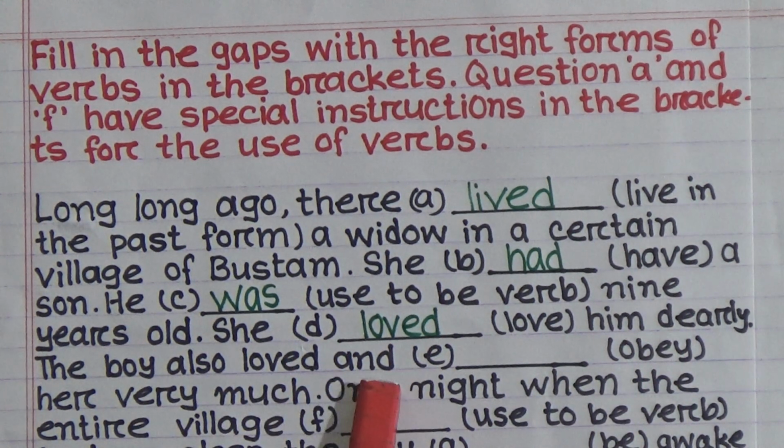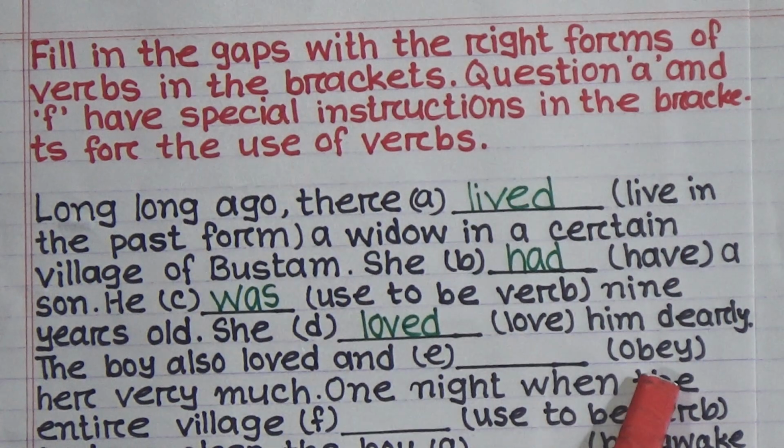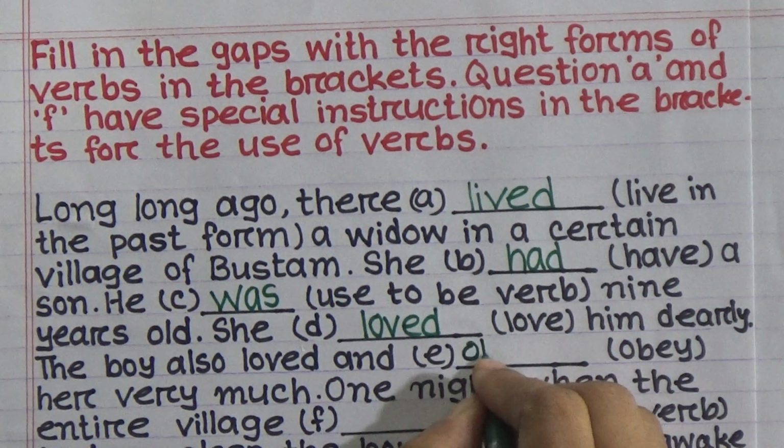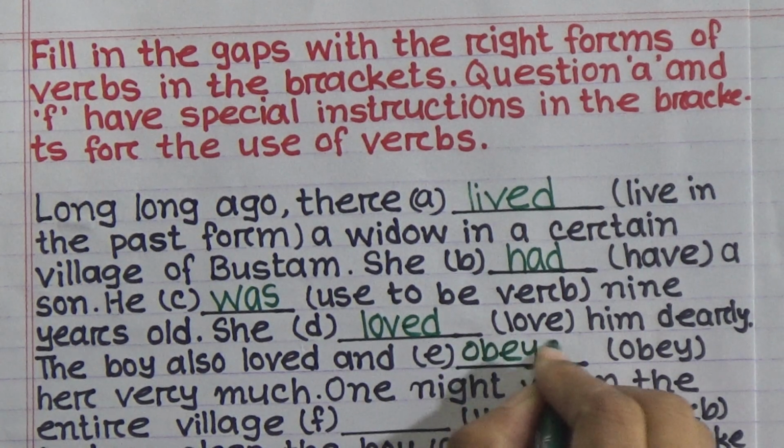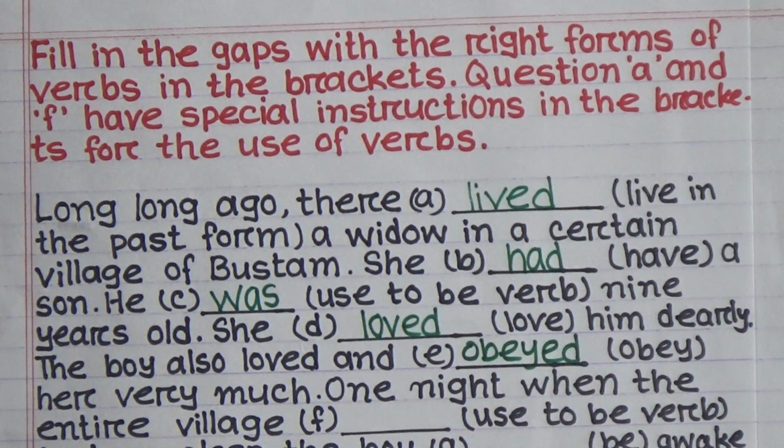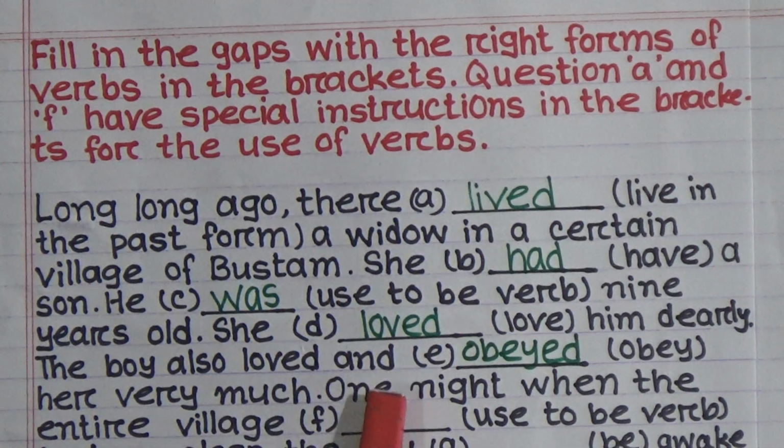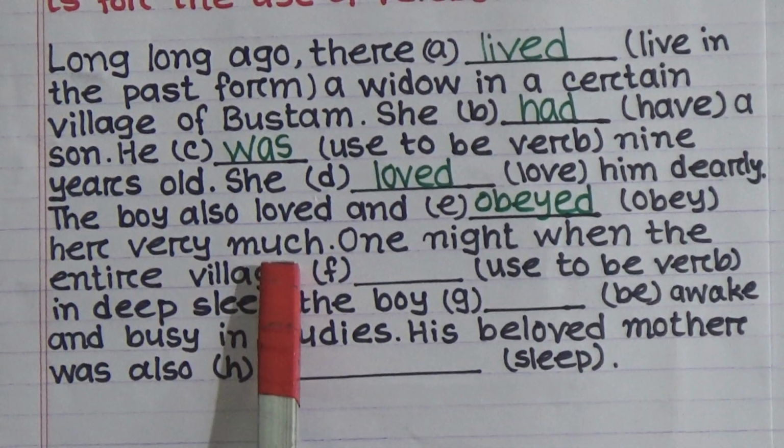Students, look, before and the verb is in past form. So after and we have to use the past form of the given verb. Here the verb is obey. So we have to write the past form and it will be obeyed. The boy also loved and obeyed her very much.